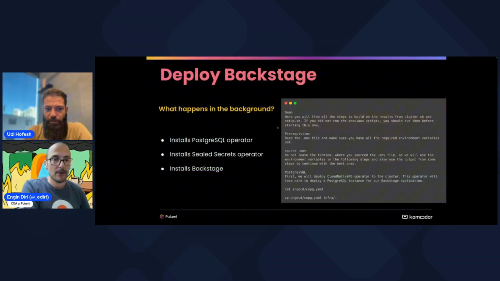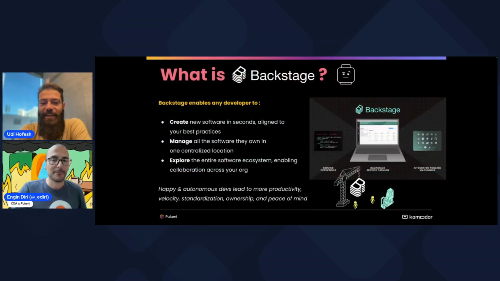Yeah. Back to Backstage. Backstage is an open source platform developed at Spotify. And what it does is it enables any developer to create new software, manage, monitor, optimize, and troubleshoot the software that they own, and explore the landscape of software in the organization, be it documentation, libraries, or APIs.